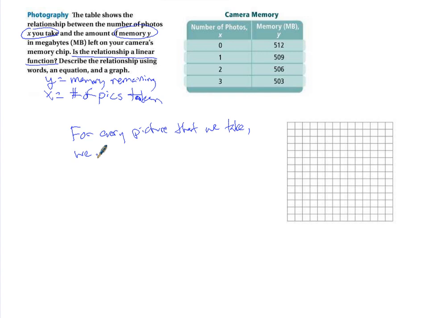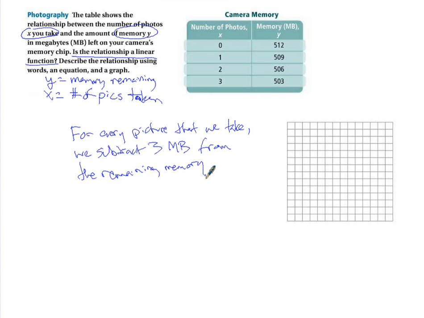A good way to say that using our operations would be that we are going to minus or subtract. We subtract 3 megabytes from the remaining memory. Okay, so the words describe exactly what's going on in this situation.